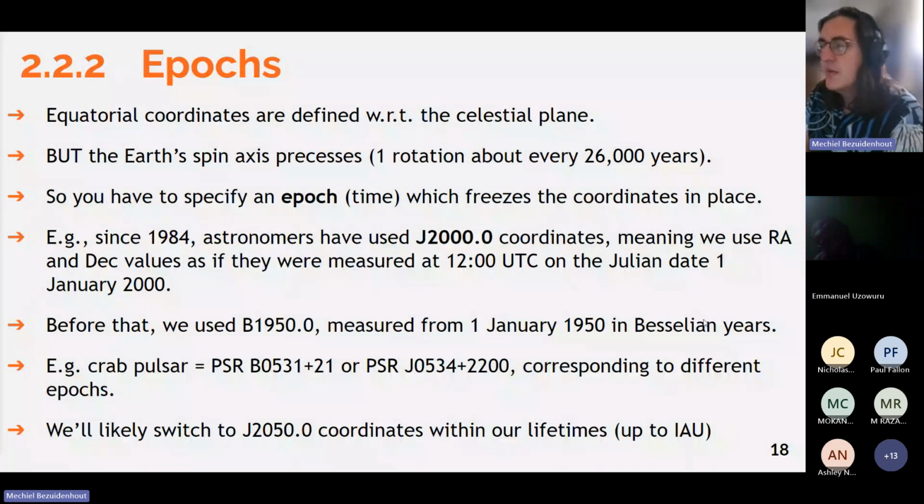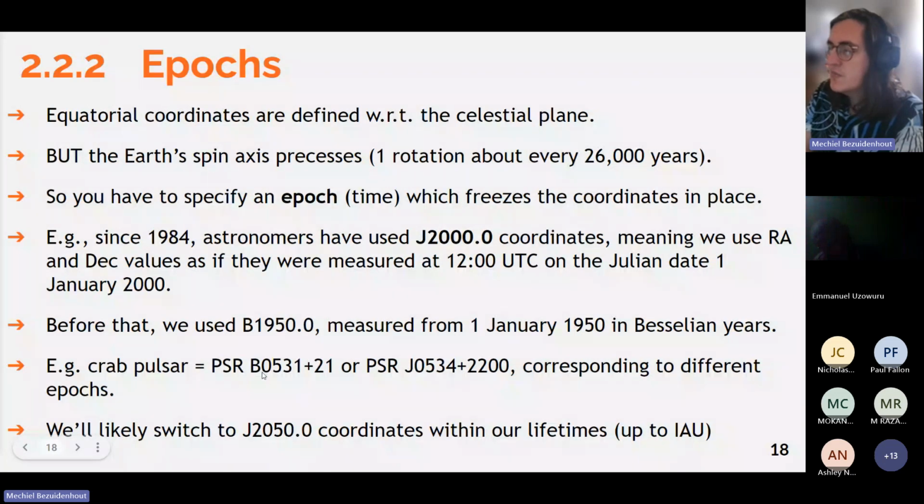But some objects that were discovered long ago still have B1950 coordinates. So, for example, if you look in the pulsar catalog for the Crab pulsar, it actually has two names. You can call it B0531+21, or you can call it J0534+2200.